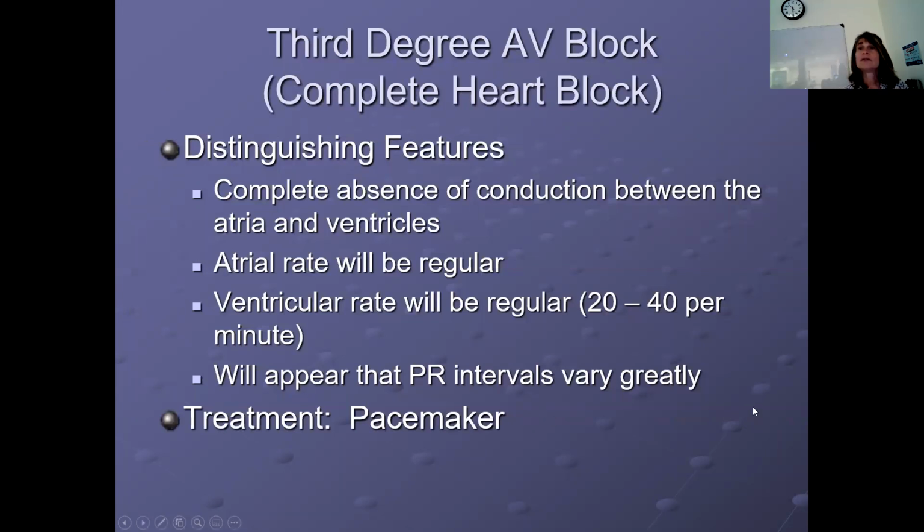All right, next. Telling the two second degree blocks from one another, what would you say would be the defining difference between the two? Yeah, so second degree type 1, it's that longer PR interval, just keeps getting longer and longer, and then there's a dropped beat.